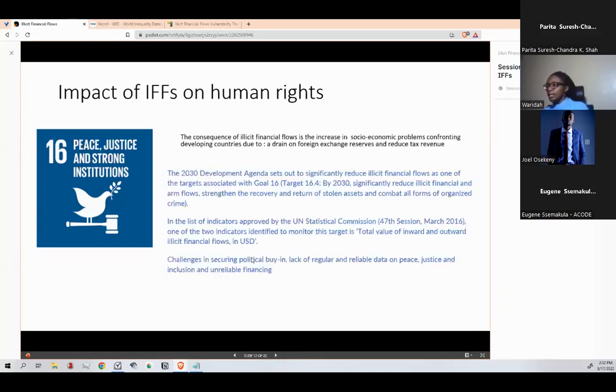We see in this example goal 16, which was specific to peace, justice, and strong institutions. We've already talked about how fragile institutions in a country impact highly how much illicit financial flows will affect that country.